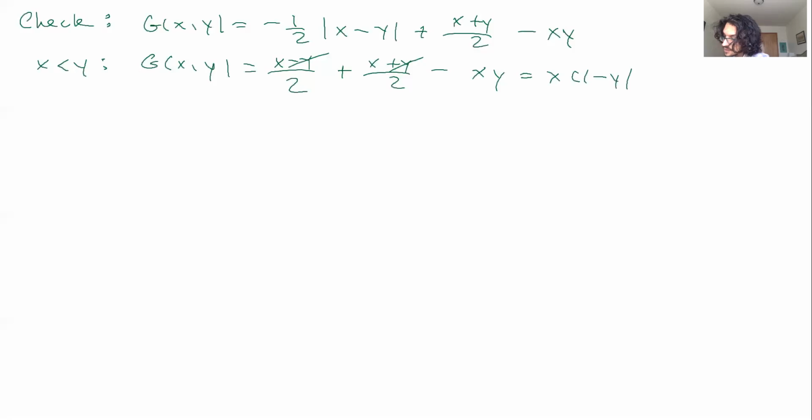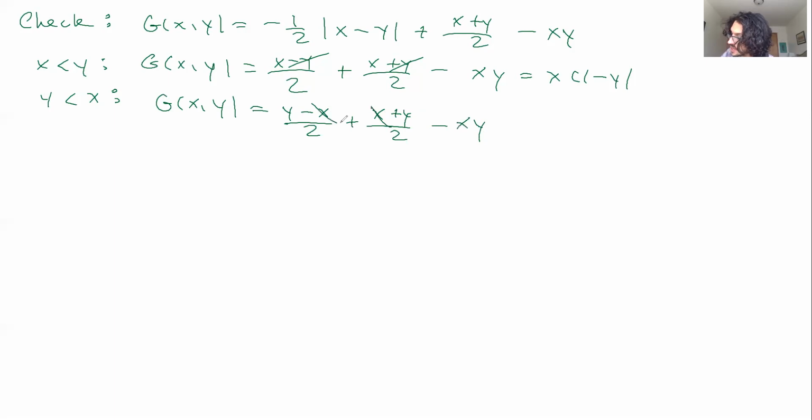Okay. Now our other term then is going to be when y is less than x. So we get g(x,y) in that case is equal to (y minus x)/2 plus (x plus y)/2 minus xy.